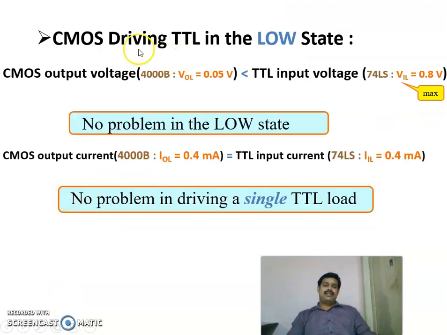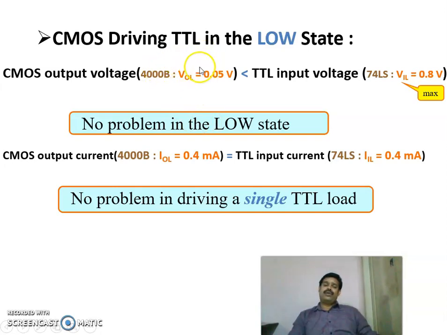Now the next one, CMOS driving TTL in the low state. In the low state, voltage is not a problem, but we have to consider current. We can forget about the voltage. Why? Because in the low state the CMOS will only sink current, and it will not source current.